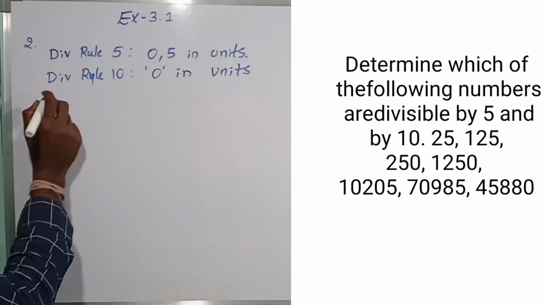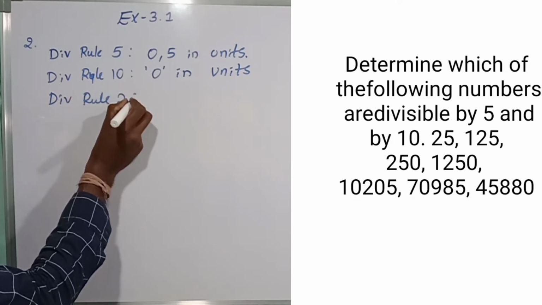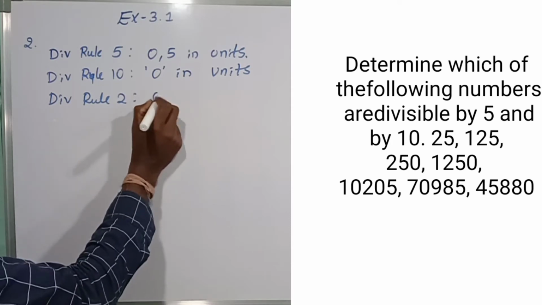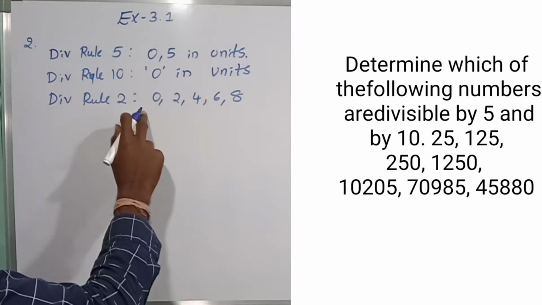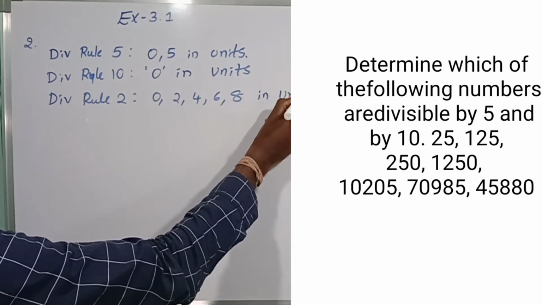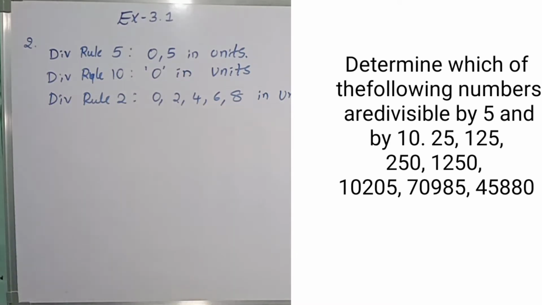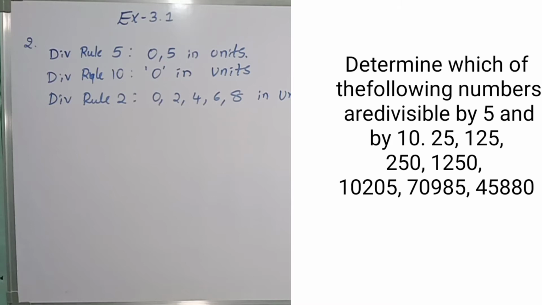The divisibility rule for 2: if the number contains 0, 2, 4, 6 or 8 in the units place, that is, in the last digit. So these are the three rules, and we are familiar with them.